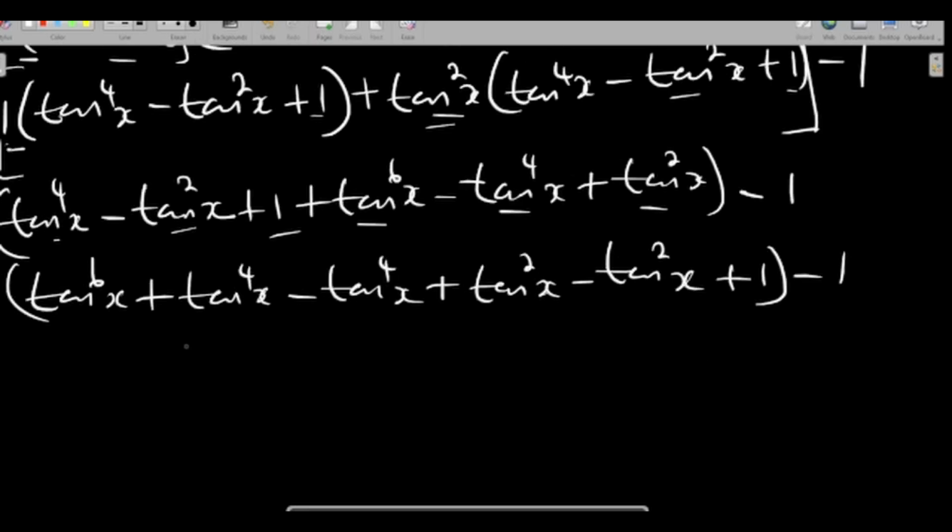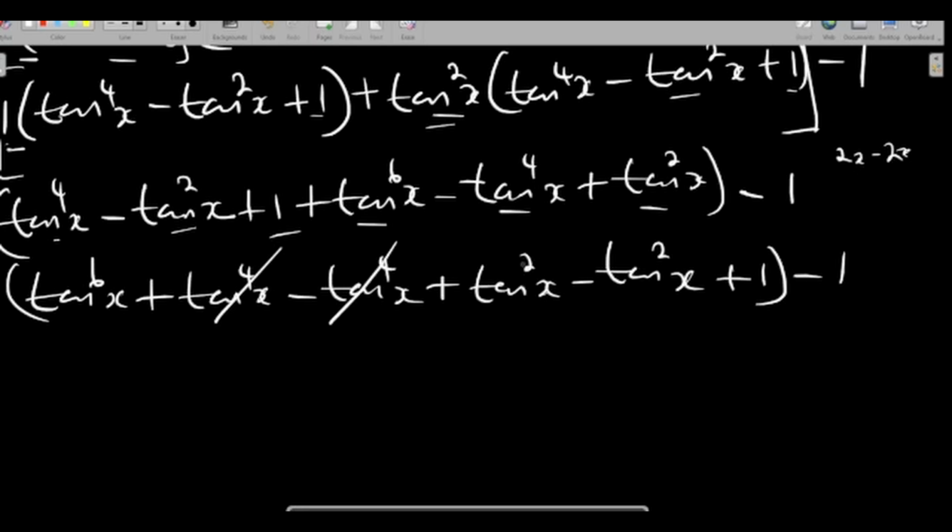Now, the next thing to do right here is to simplify. If you look at this here, we have tan 4x minus tan 4x. They are like terms, just like you have, for example, 2x minus 2x, which will give you a 0 because they are like terms. In the same way, tan 4x minus tan 4x will give you a 0, so you can cancel them.